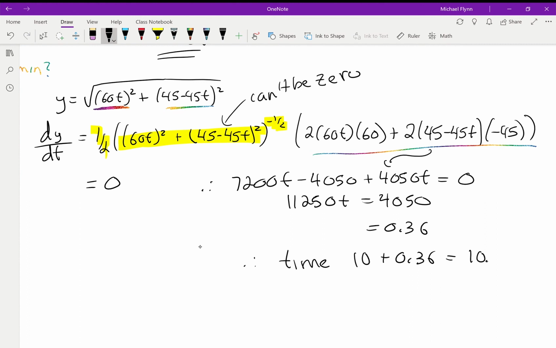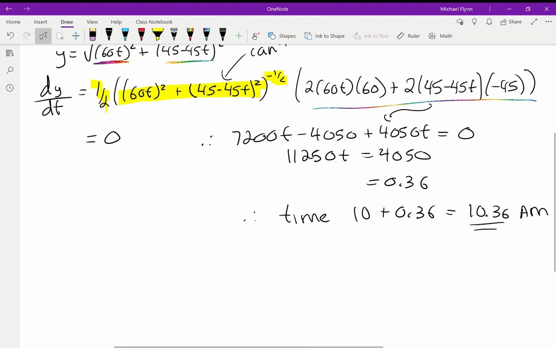a.m. if you like. That's kind of a weird way of saying it though. I wouldn't write it like this because it's a decimal. So what you normally do is take that fraction of an hour. So what's 0.36 times 60?